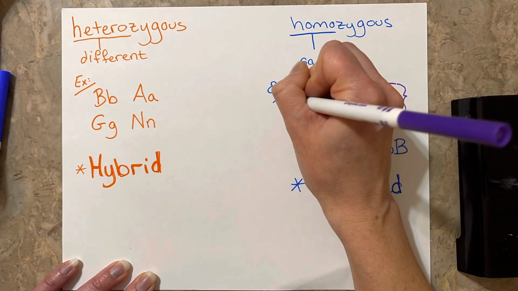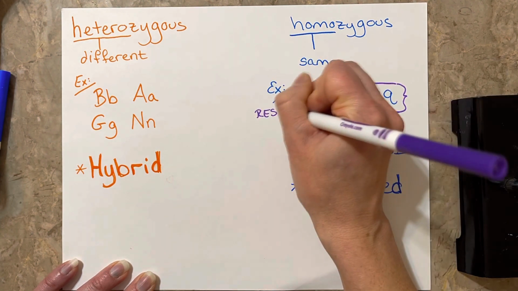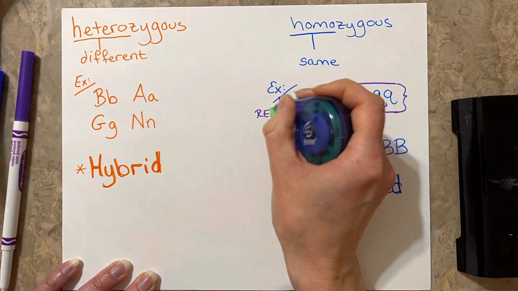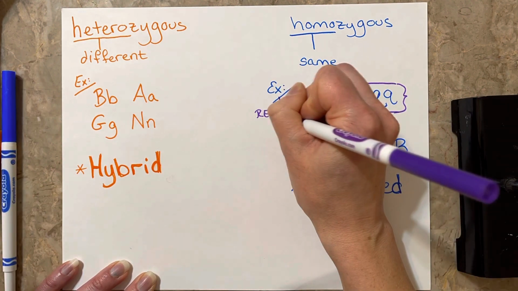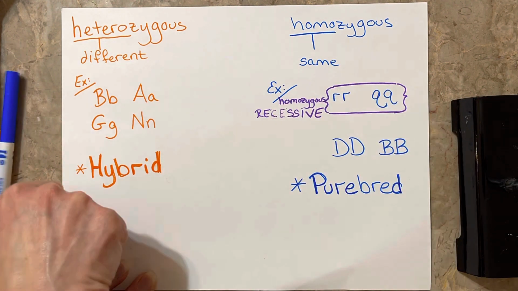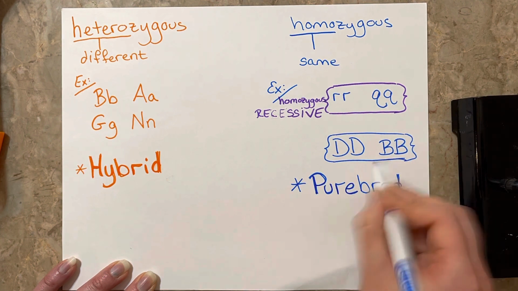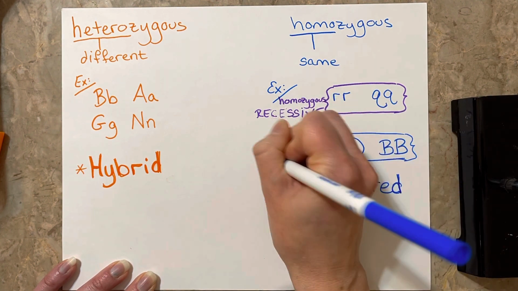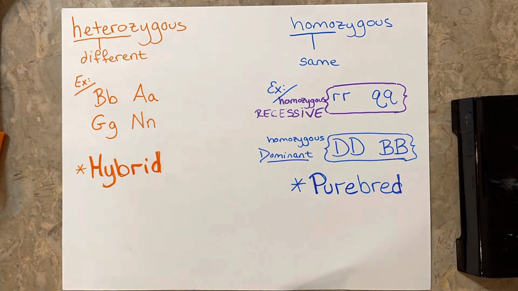So then we'd have two lowercase letters, whereas homozygous dominant means that the two alleles will be the same and they will both be dominant traits and therefore capital letters. These are also called purebred.